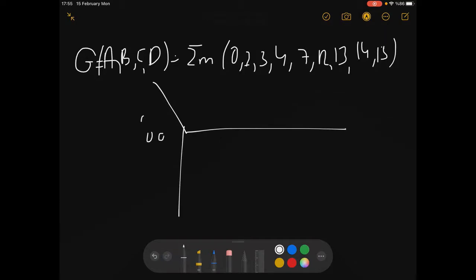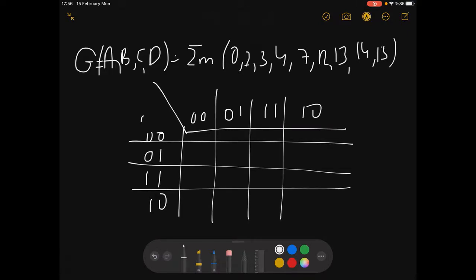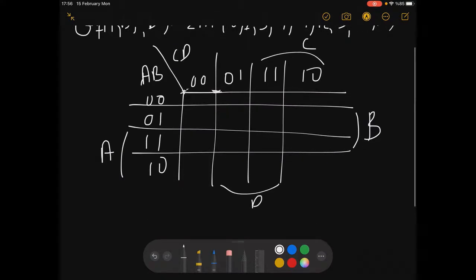0, 0, 1, 1, 0. Okay, we have some space here. It's A, B, C, D. A, B, C, D. All right.